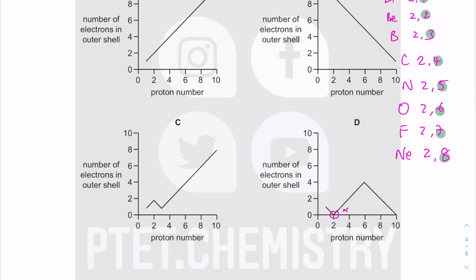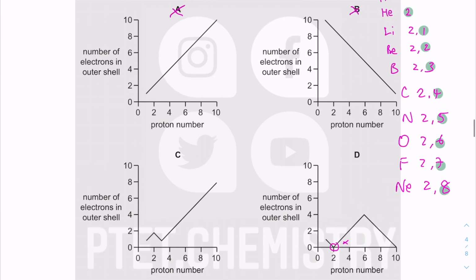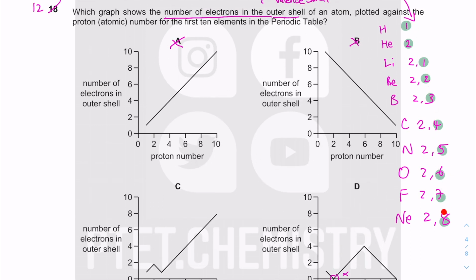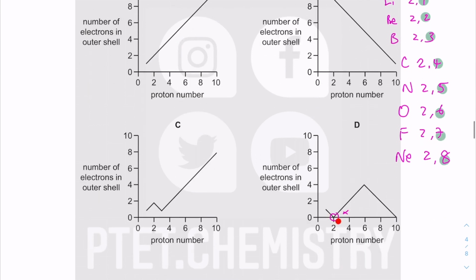There is no element with 0 electrons in the outermost shell. See, all of this is bigger than 0. So just by looking at this, I know that is wrong already. No element with 0 valence electrons, meaning no element with 0 electrons in the outermost shell.